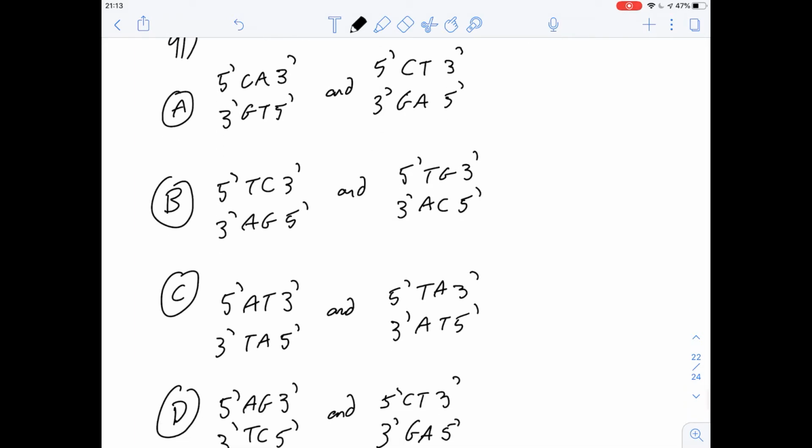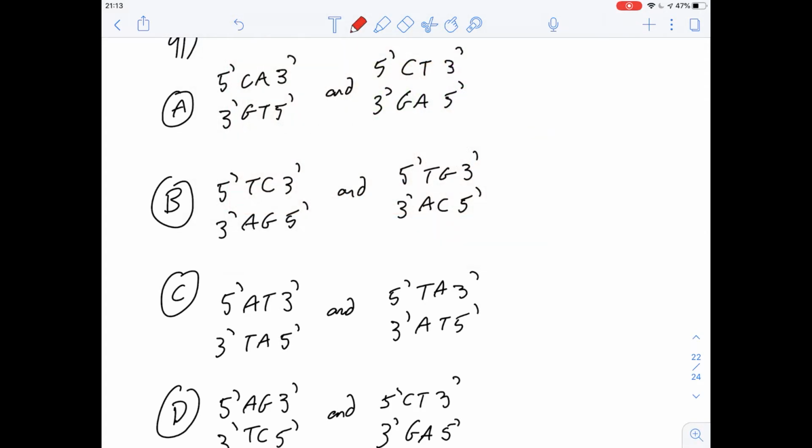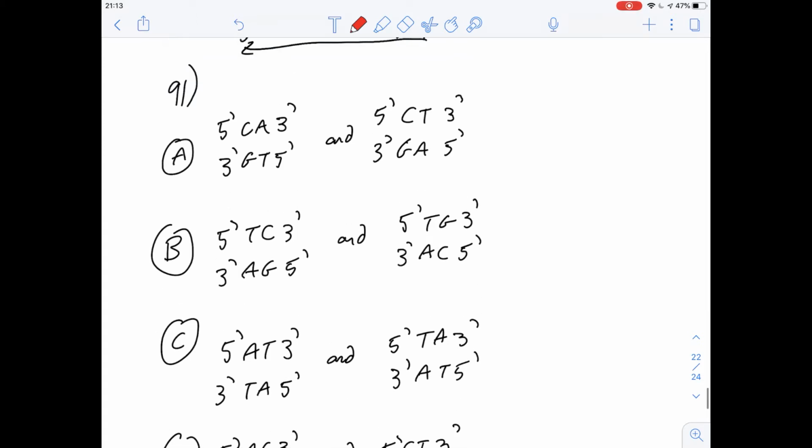Question 91 says, which one of the following represents identical double-stranded sequences? At the start this seems like an intimidating question, because there's quite a lot of detail. But there are some really quick ways to work out whether any of these options are viable. With this sort of question, you just have to go through them.